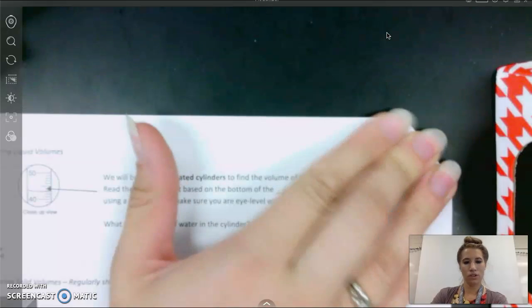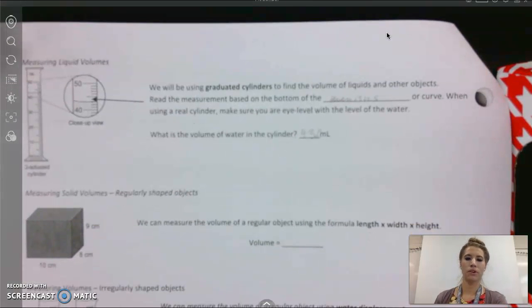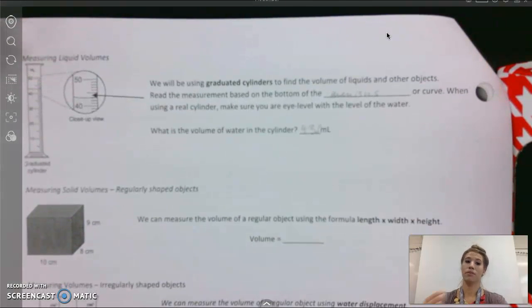There are two ways of looking at volume. First, liquid volume: we'd use a graduated cylinder to make those measurements. The most important idea here is that you need to be measuring from the bottom of the meniscus, the bowl shape that the liquid creates within a container.